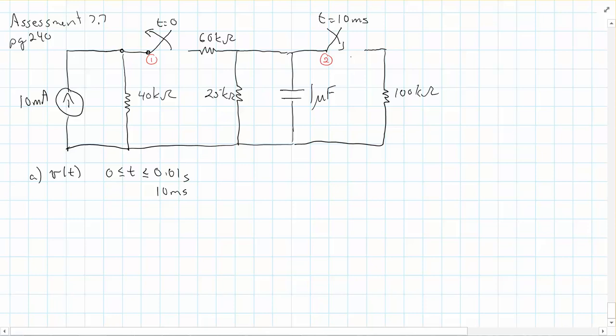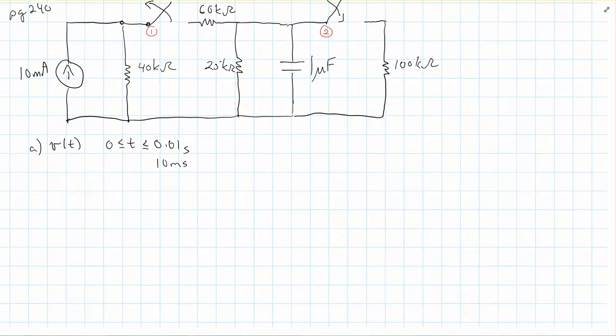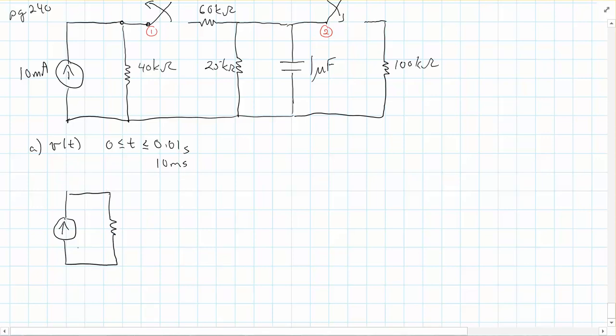So first off, since the switch has been closed for a long time, let's look at that circuit. I'm going to be kind of going back and forth on this, unfortunately. That's the only way I can do it. So I'm just going to draw the circuit that we have here with the switch being closed for a long time.